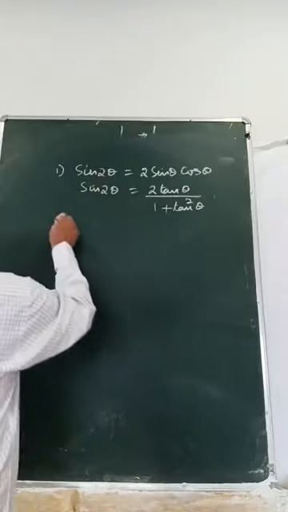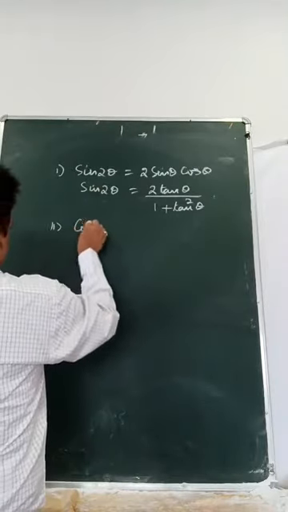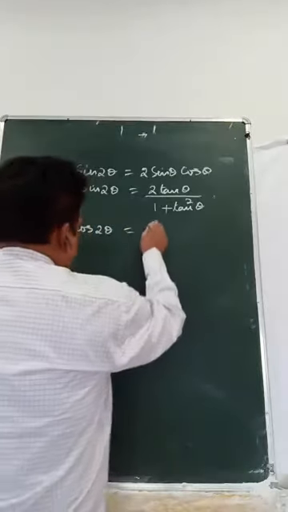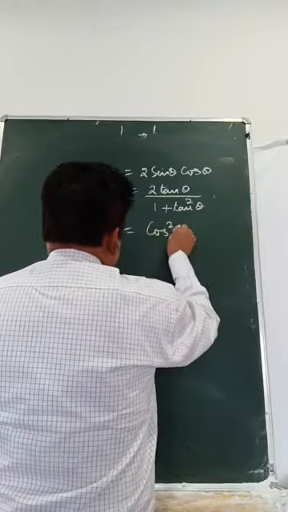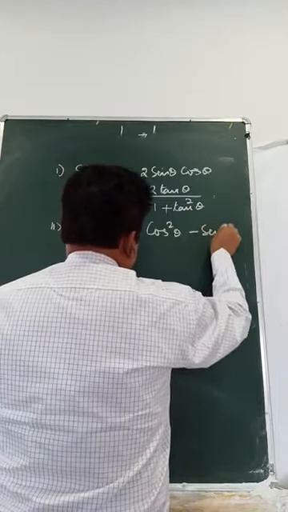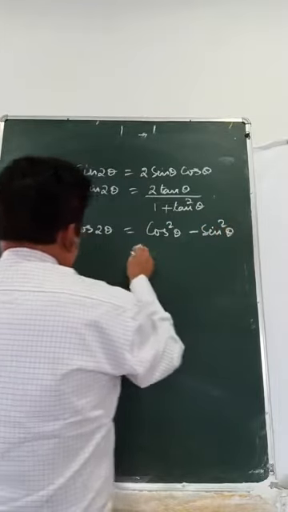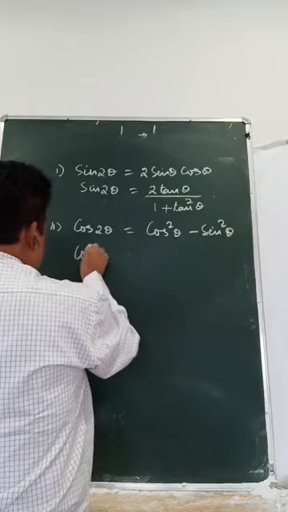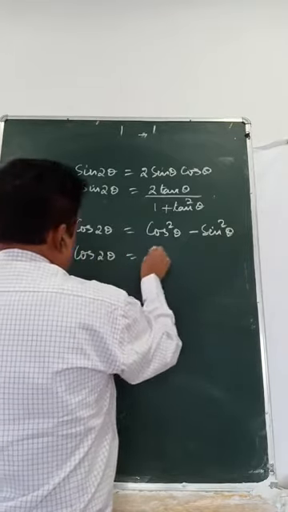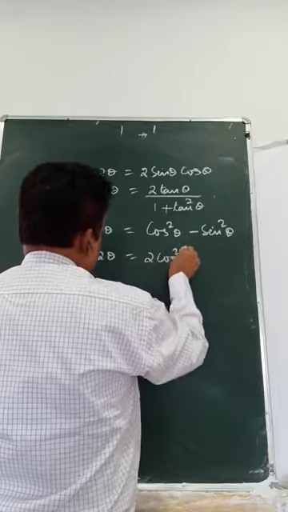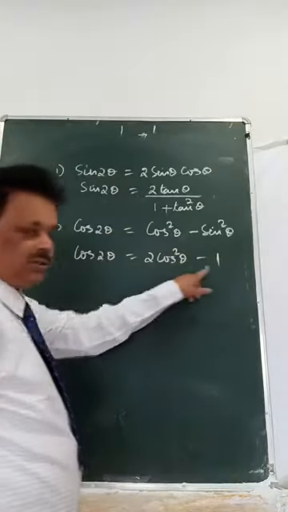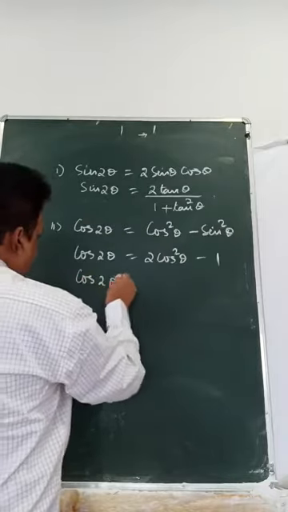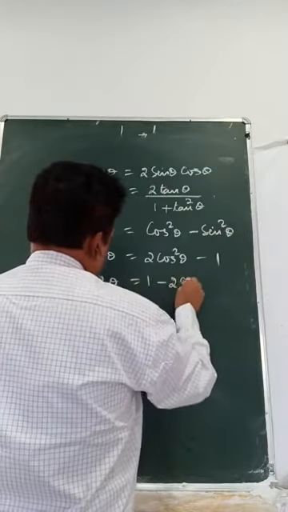Suppose I have got another one, cos 2 theta. It has so many forms: first, cos square theta minus sin square theta, or 2 cos square theta minus 1, or 1 minus 2 sin square theta.